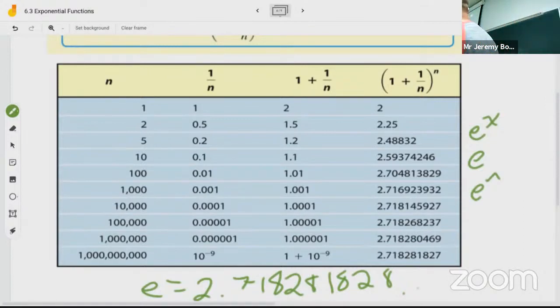But as far as we'll go with this class, just assume it's a number similar to pi, right? The symbol we use to talk about a single number, just so that we don't have to write 2.718281828 every time we want to write it. And that goes on and on. So that's basically all it is.